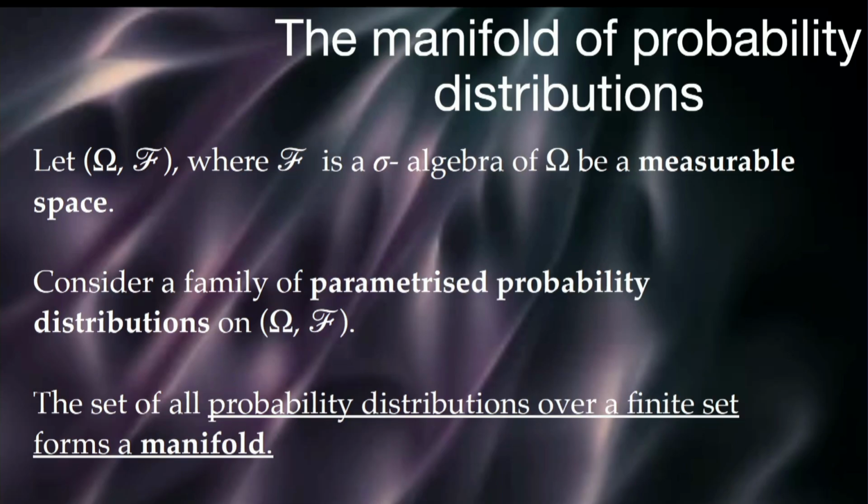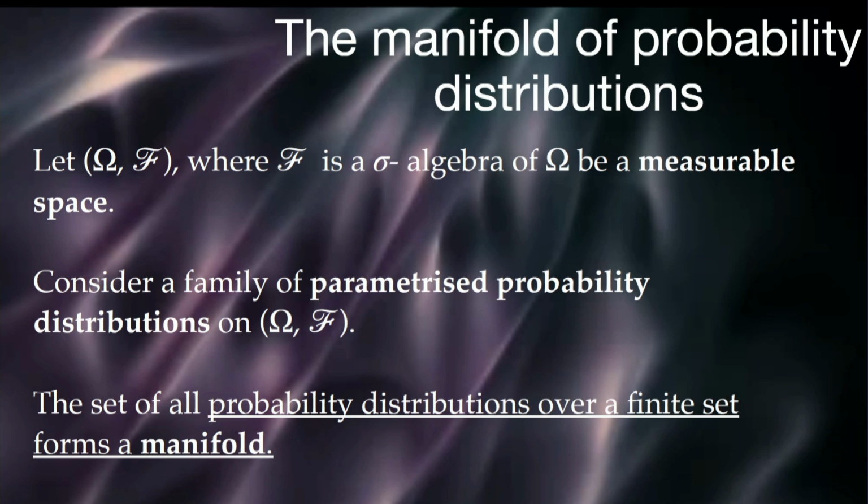Okay, so now let's get acquainted with the manifold of probability distributions. So we consider (Omega, F) a measurable space, where F is a sigma algebra. And we consider what we call a family of parametrized probability distributions on (Omega, F).